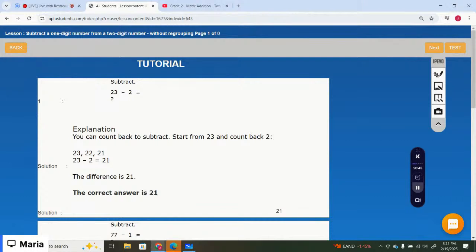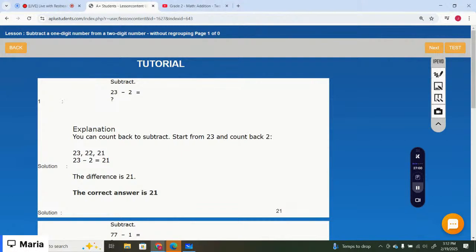23 take away 2. Start with 23 and count back two. So 23, 22, and 21.